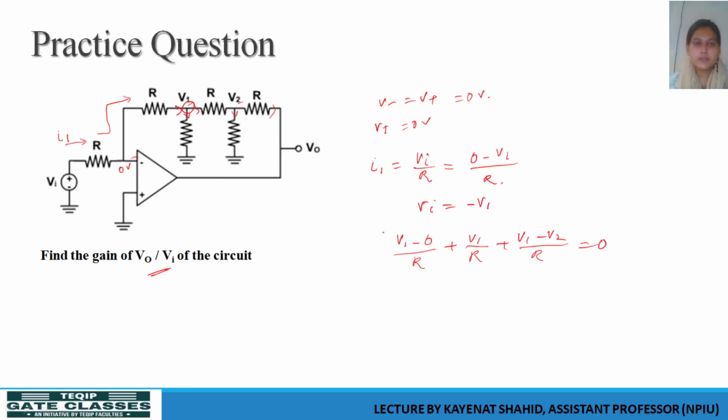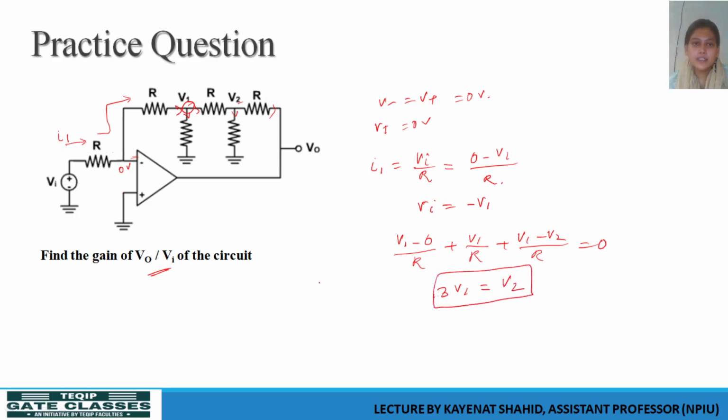So we have assumed that all the current is flowing in outside direction, right? And we are applying just a node equation at the node. We are doing the current node analysis at the V1 node. So from here we can have a relation of V1 and V2. Here you can see all R's are equal, so it can be 3 V1 is equal to V2. Okay, this is one relation that we have got.